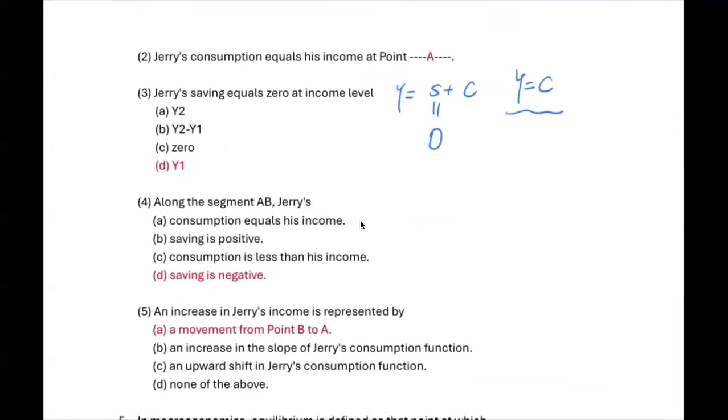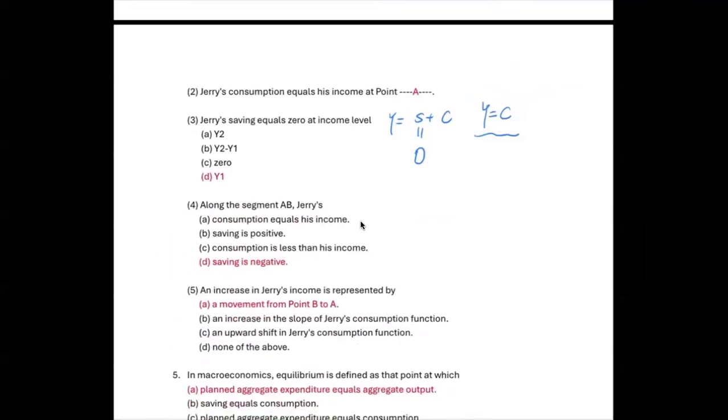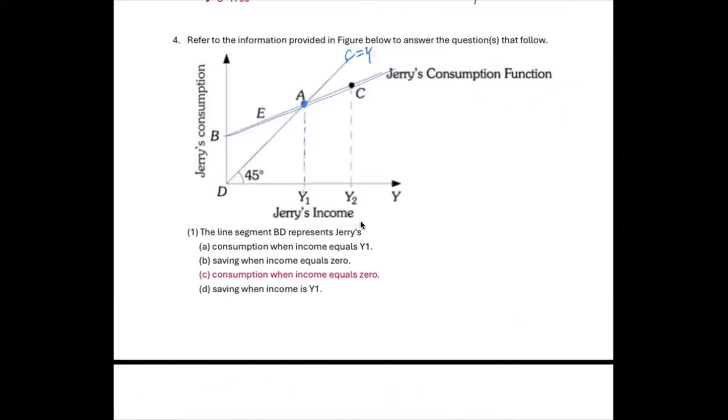And for question 4, along the segment AB, Jerry's saving or consumption is what? Okay, then we can look at this AB.